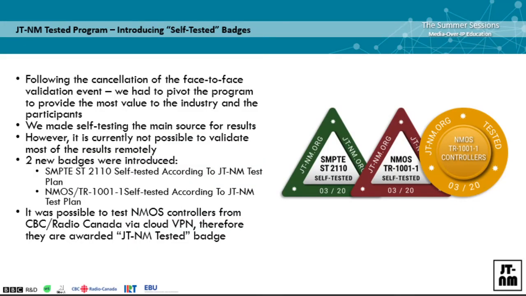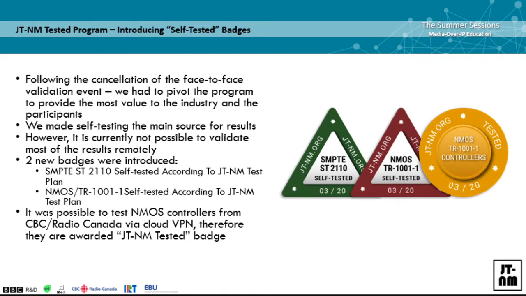So in light of this cancellation, we had to act fast and pivot the program to make use as much as possible of what was done before in the preparation stage. A lot of effort was already put into the program by the testing teams and by the vendors. At that point in time, we had already started receiving some self-testing results, and we tried to do our best to provide as much value as possible given the circumstances to the industry. So we decided to introduce two new badges.